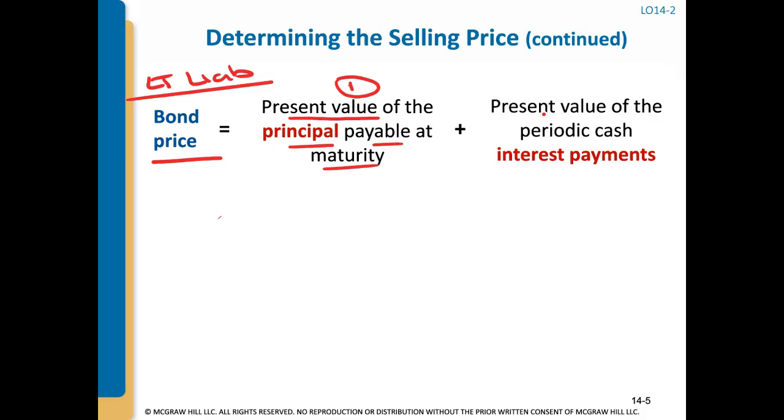So you're going to take the present value of the principal or the face value or the maturity value. That's part one of the liability. And then you're going to add the present value of the periodic cash interest payments. So this is the interest that you as the bondholder will get every 6 months, assuming it's a semi-annual bond.